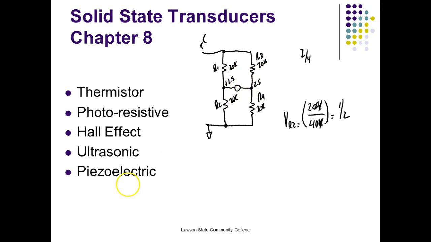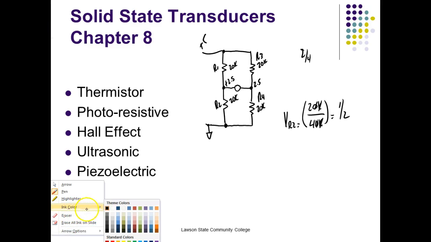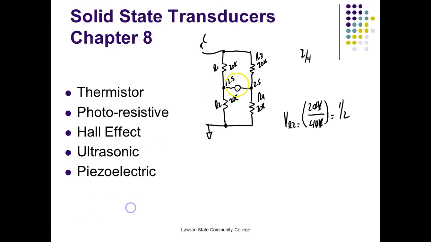So what would my meter read? What would that voltmeter read? So a meter measures a difference in potential. That means I have a plus 2.5 on this side minus a plus 2.5 on that side.